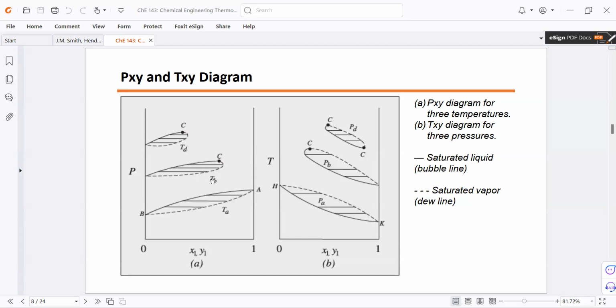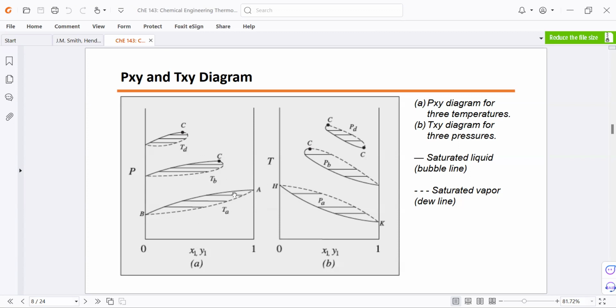For example, the temperature TA represents one slice of the PXY surface projected on a 2D plane. We also have the temperatures TB and TD. What can you observe about the differences among the temperatures?